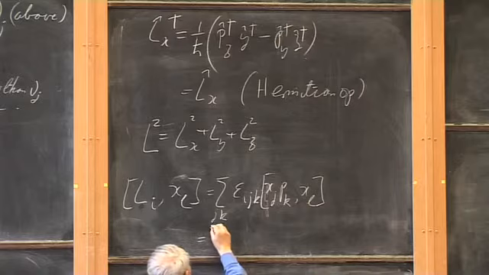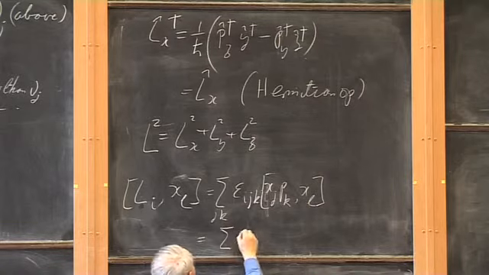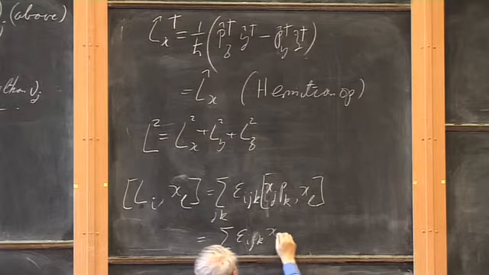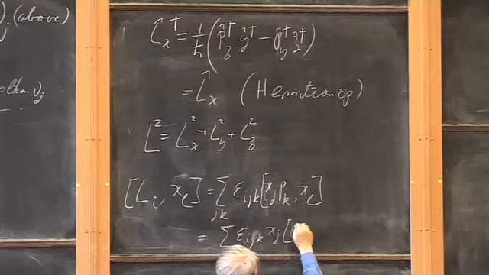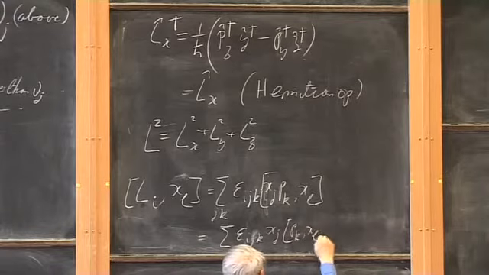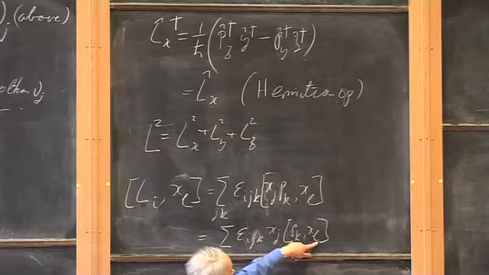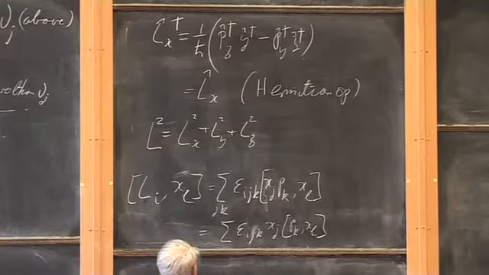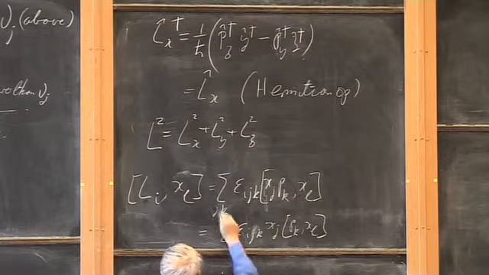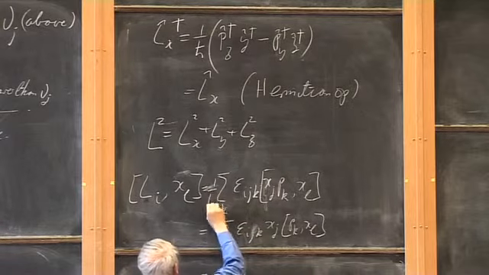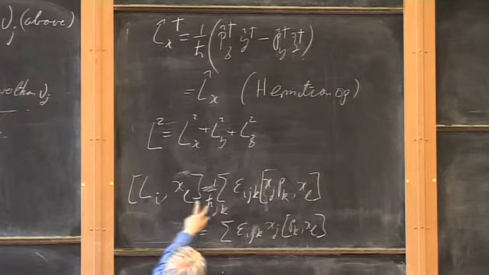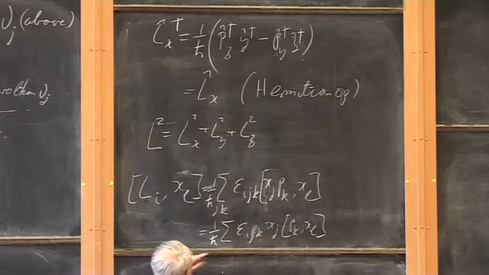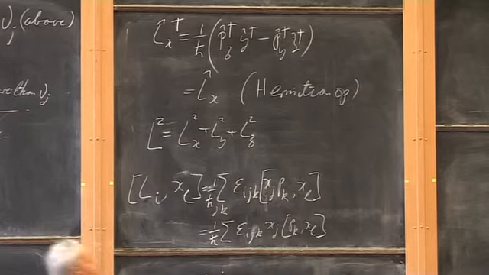So this is equal to the sum of epsilon i j k of xj standing idly by while we do the commutator pk xl. But this is minus i h bar delta kl. So we have minus i, sorry, I'm missing here a 1 on h bar, am I not? Because Li is 1 upon h bar of this product. So we have a 1 on h bar here. Then this generates a minus i h bar.